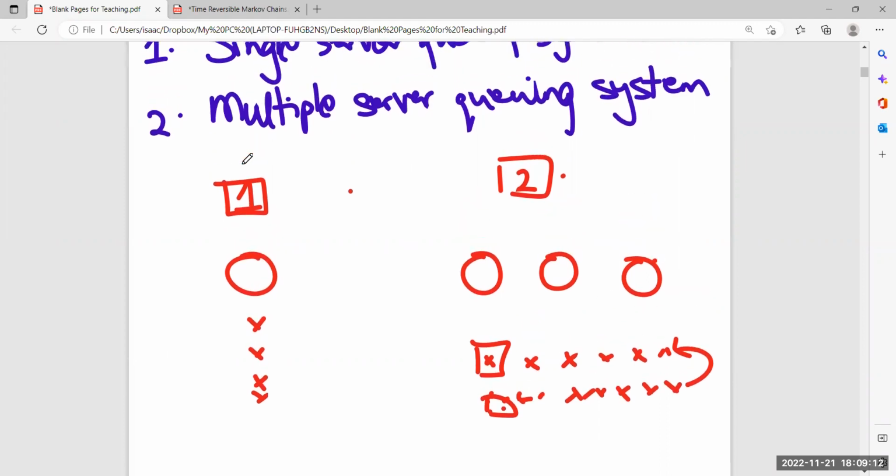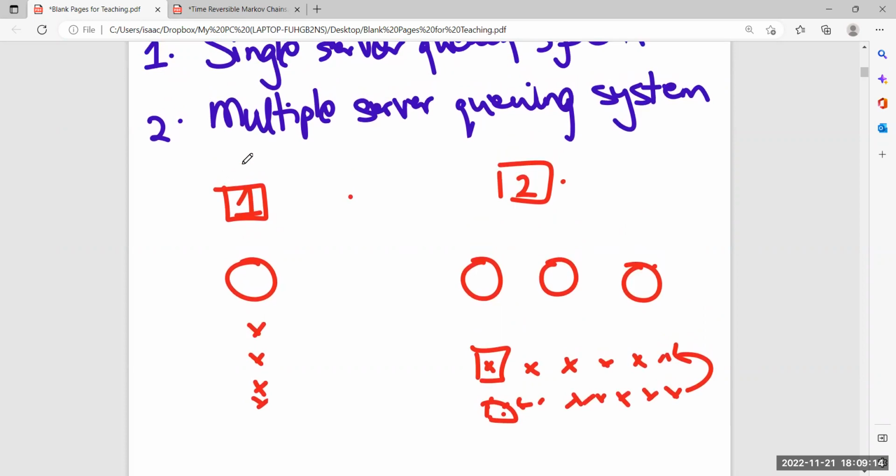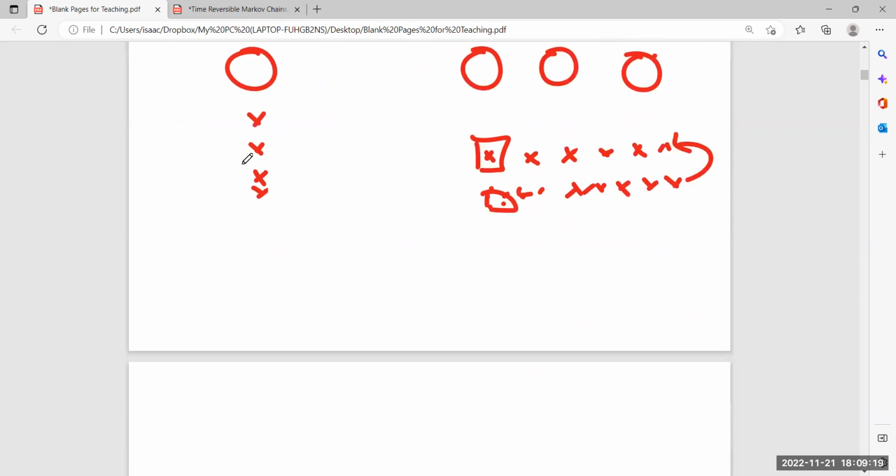But we have some restrictions built into these things now. So let's look at some other restrictions that we might have.